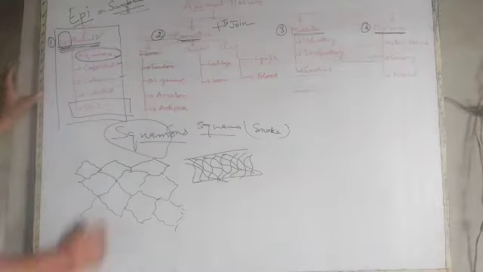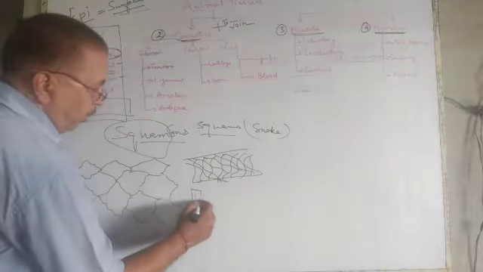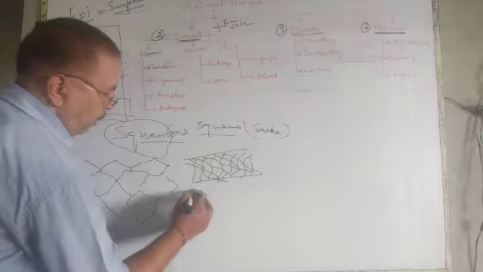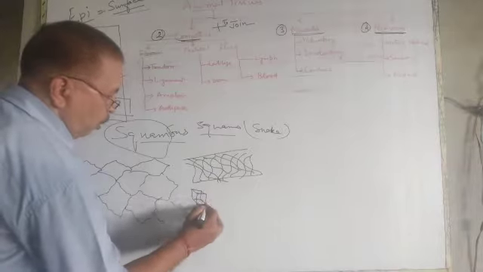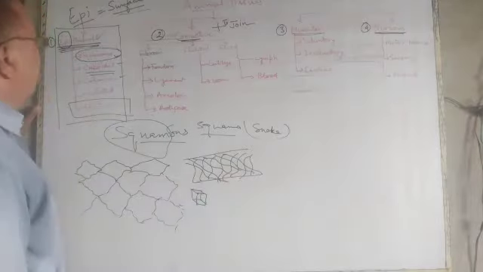Then second comes cuboidal. Here the cells are shaped like a cuboid, right? This is a cube. A cuboid has a little more length.